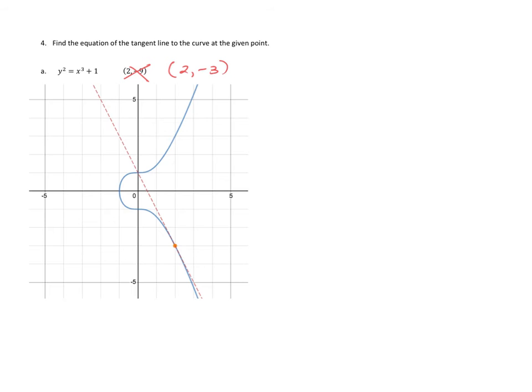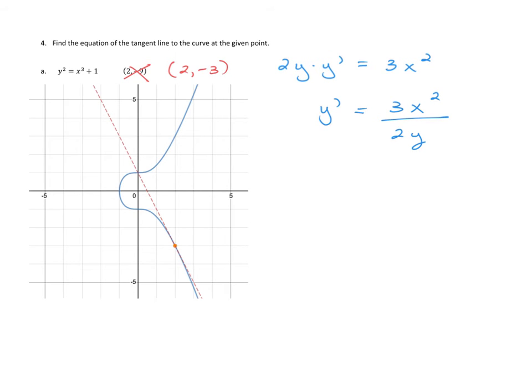Okay, for starters, I need to know the derivative at this point. So I have to take the derivative of this equation. Since it's implicitly defined, I will use implicit differentiation. On the left, you get 2y times y prime is equal to 3x squared. If you solve for y prime, you get 3x squared over 2y.